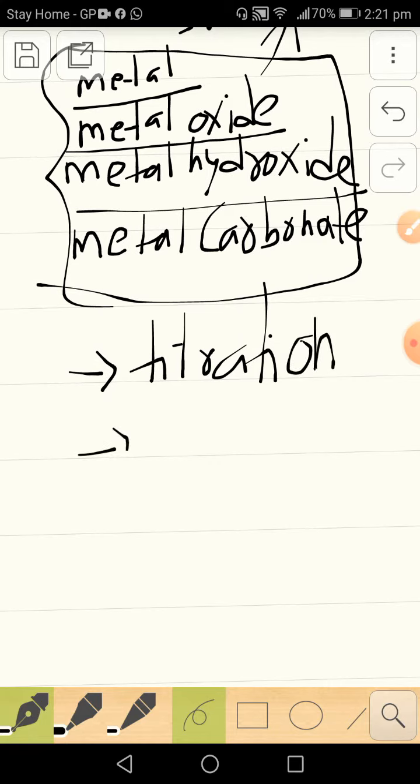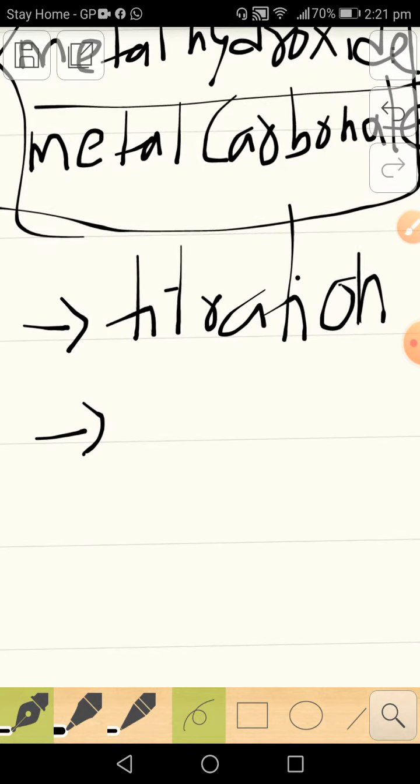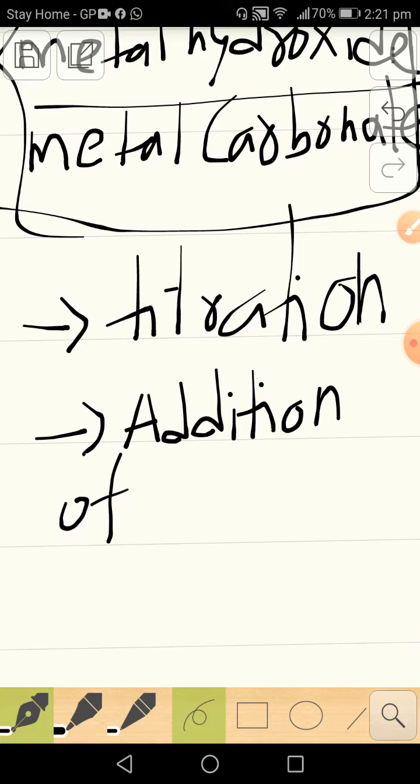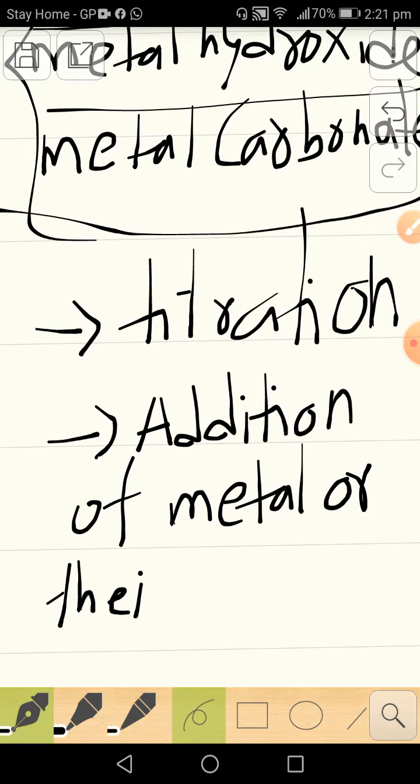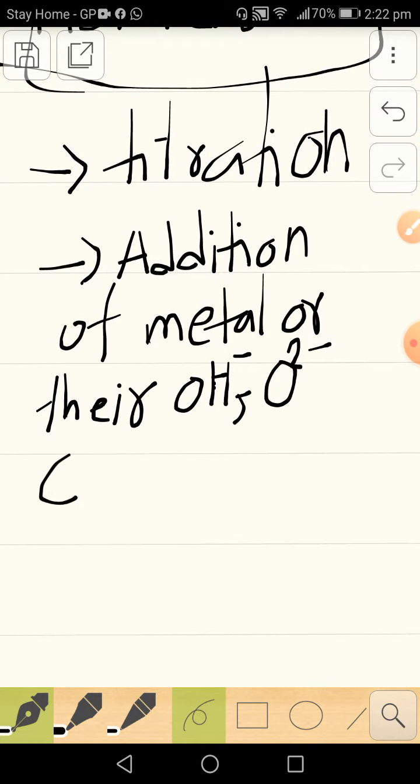We can follow the titration process or the addition of metals or their hydroxides or their oxides or their carbonates in excess.